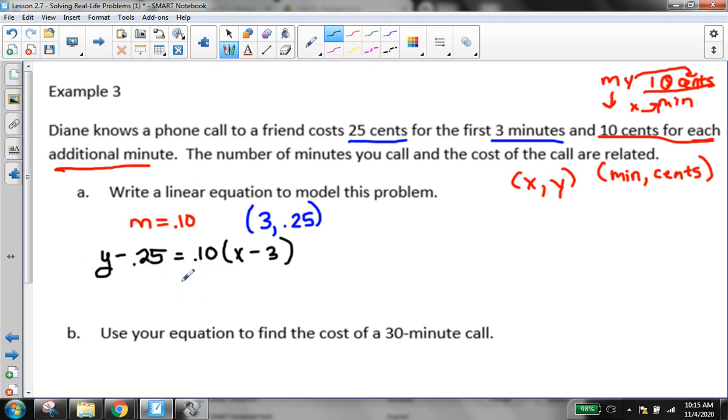Okay, so I'm going to distribute my 0.10. So I'm going to have y minus 0.25 over here. On this side, I'm going to get 0.10x, and then minus 0.10 times negative 3. That's going to give me negative 0.30.